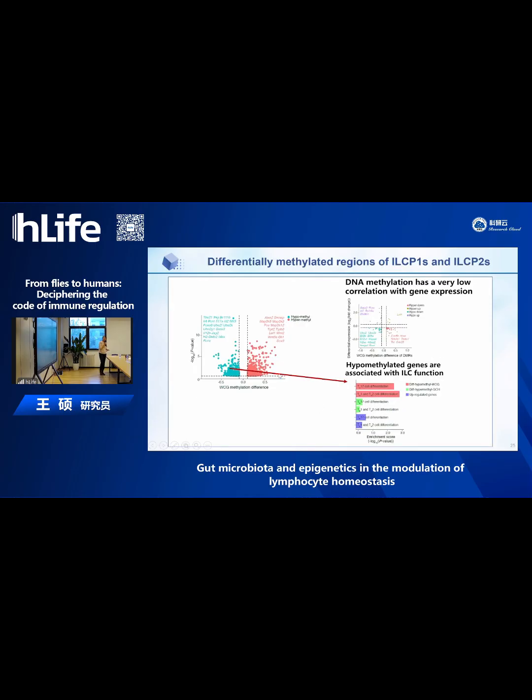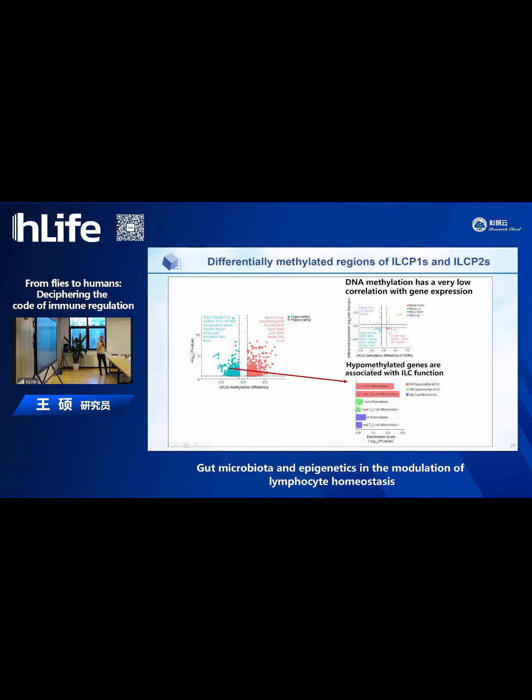Next, we analyzed the differentially methylated regions of ILCP1 and ILCP2. We found that the DNA methylation level has very low correlation with the gene expression level. That means the lower or higher methylation level was not related to the lower or higher gene expression level.